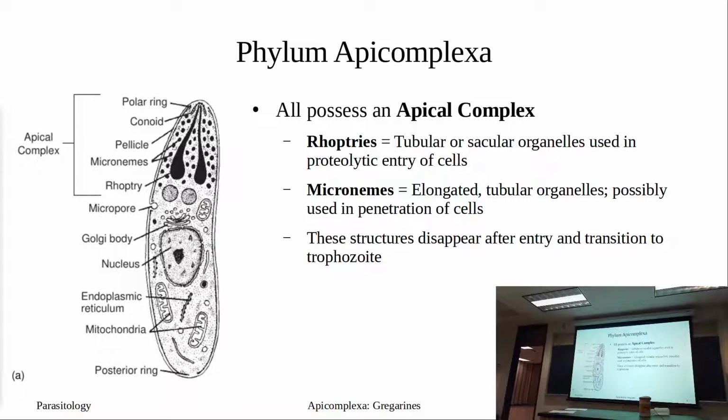This diagram is a really good diagram of an apicomplexan, but it's way too big. Our ability to see these things is basically, yep, that looks like it could be an apicomplexan, and that's about it. Sometimes a nucleus will stain, and that helps.